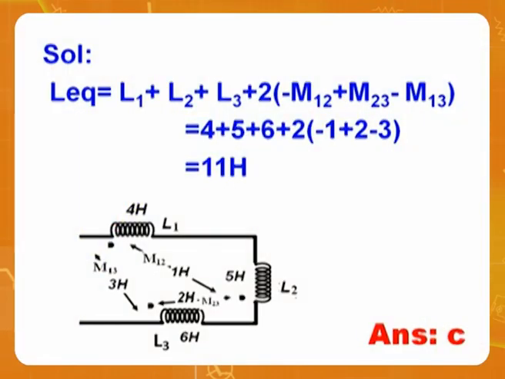Altogether it matters with polarity. If dots are in the same position, positive. If dots are opposite, so positive sign for same dots, negative sign for opposite dots. Therefore option is C. So this is how different options have come in these coupled circuits.